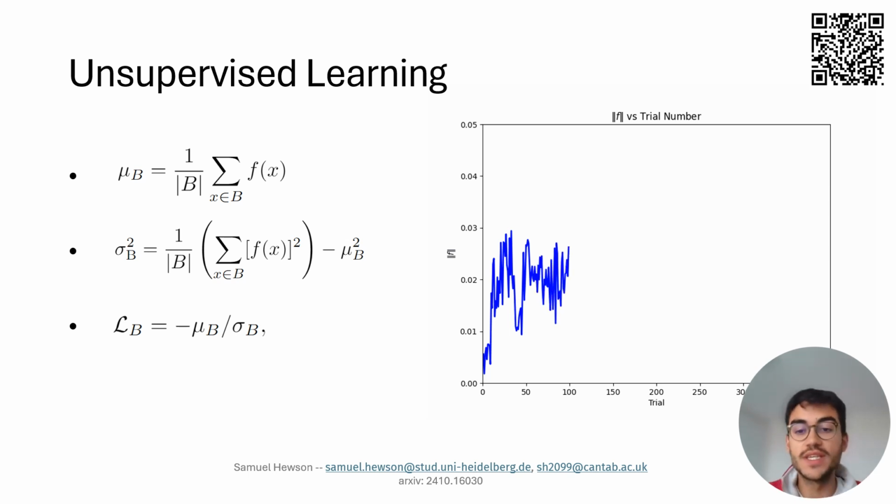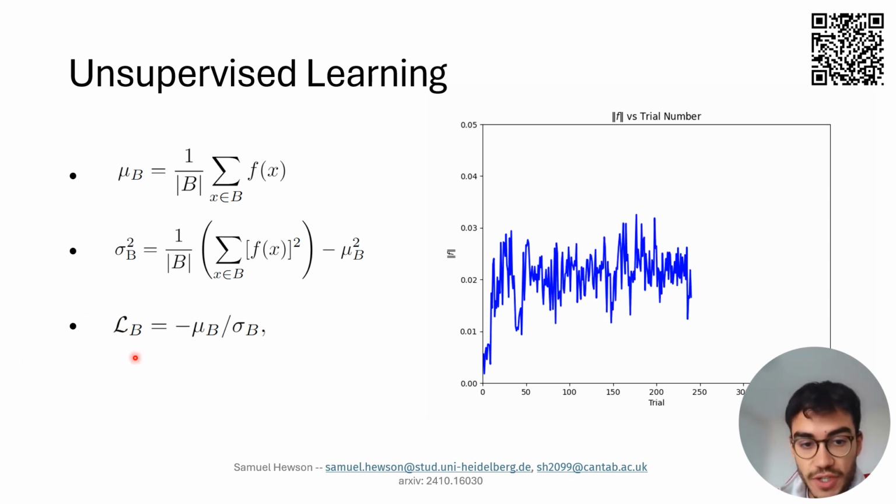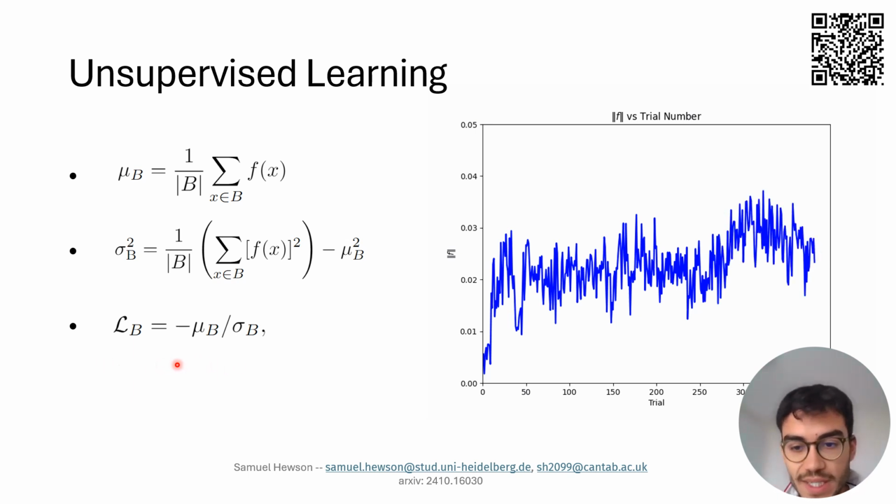So how does the machine learning work? What we do is we construct this loss function here. We are basically optimizing f to be as far away from 0 as possible. This has the result that we are training the network to conceptualize what it would mean to be parity violating in this data set.